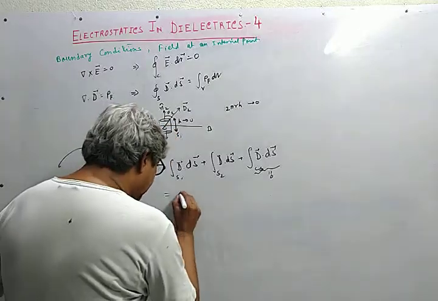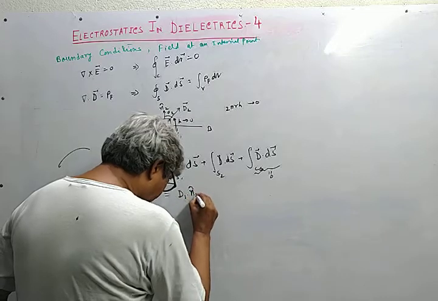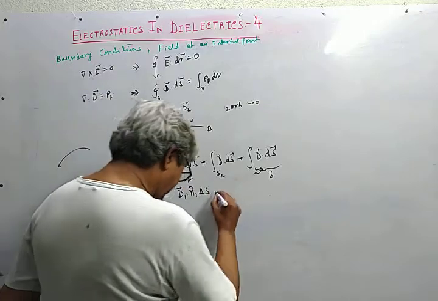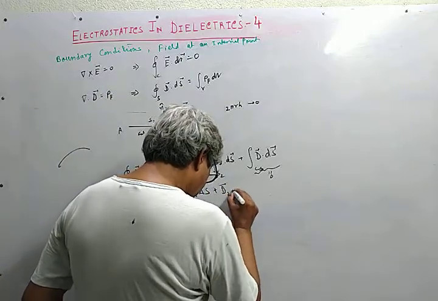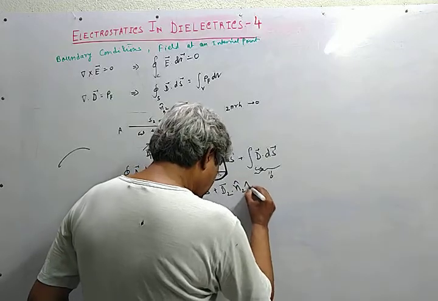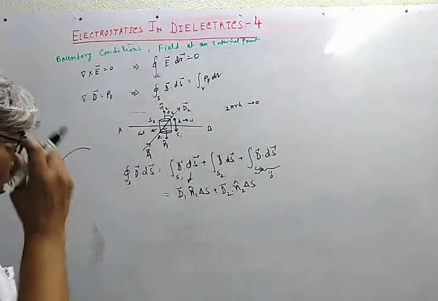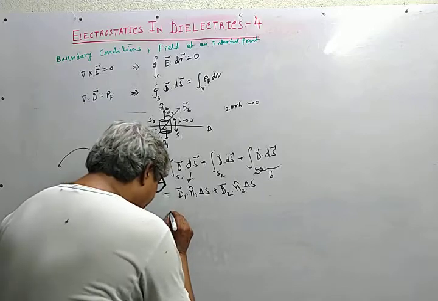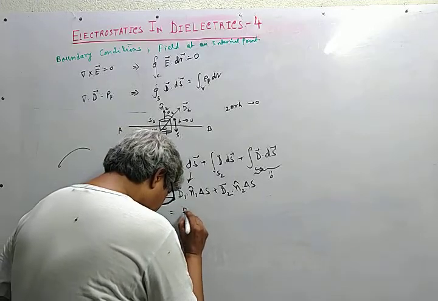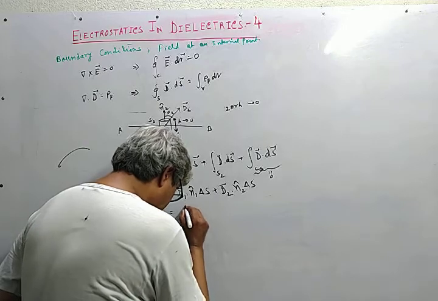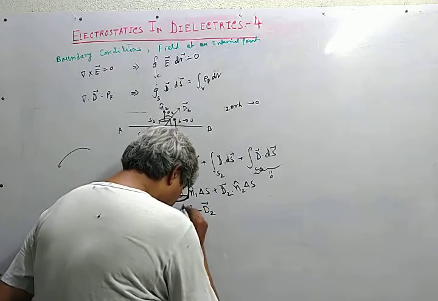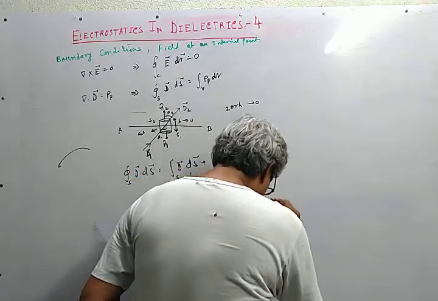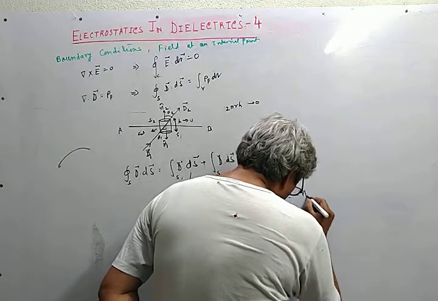So we write it as D1 dot n1 cap times delta S. Now you note that D1 and n1 and n2 are directed oppositely, so we can write it as follows, where we have used n equal to n1 cap equal to n2 cap.